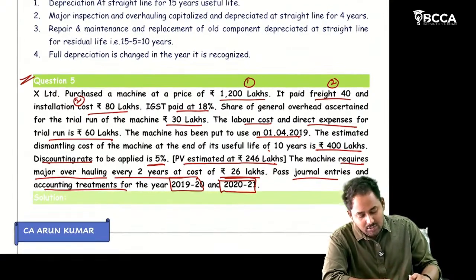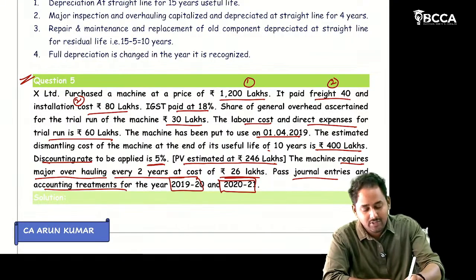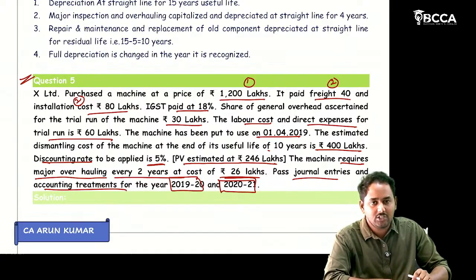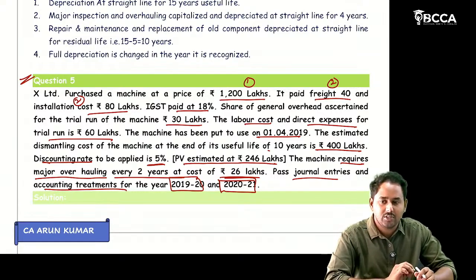Then the share of the general overhead ascertained for the trial run of the machine is 30 lakhs. Whether this expense should be included in the cost of the asset or not.